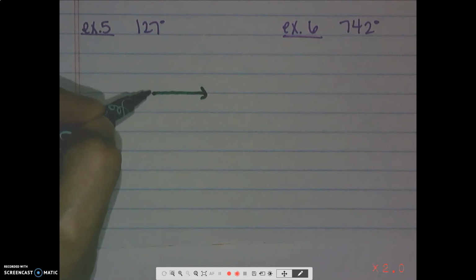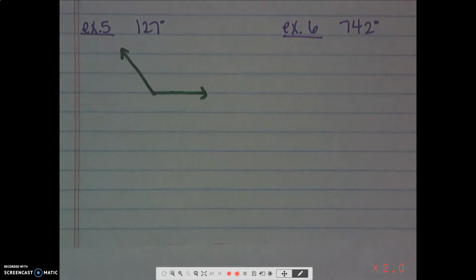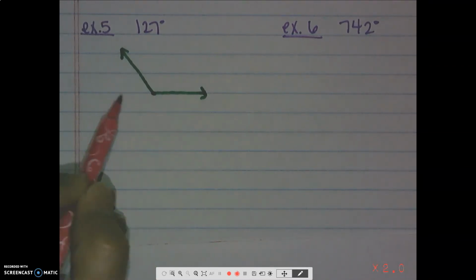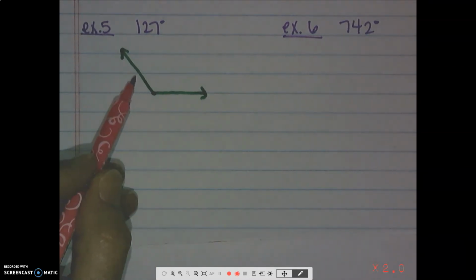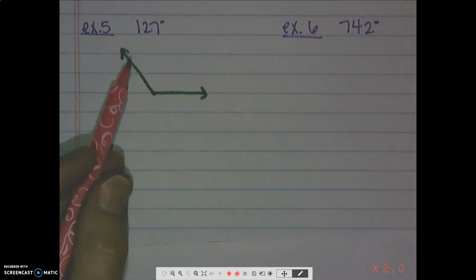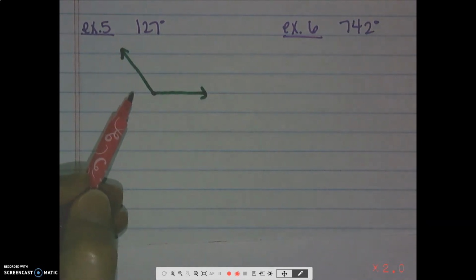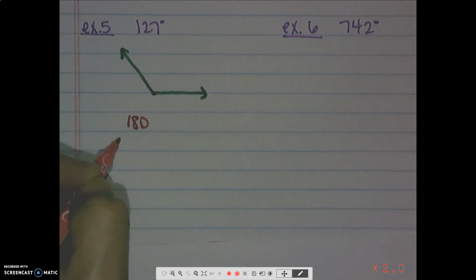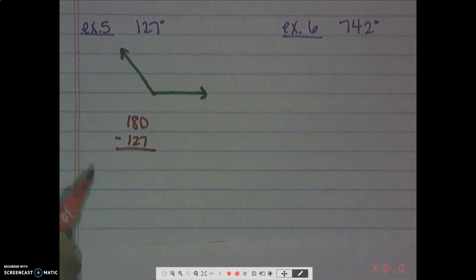We know that 127, if that's 90, that's going to look something like that. Okay, so that's 127 degrees. So then we have to figure out the fastest way to the x-axis, which would be back down this direction. Here's your x-axis. So if we're at 127, how many degrees do we have to get until we're at 180? Well, this is where you're going to take 180 and subtract 127.